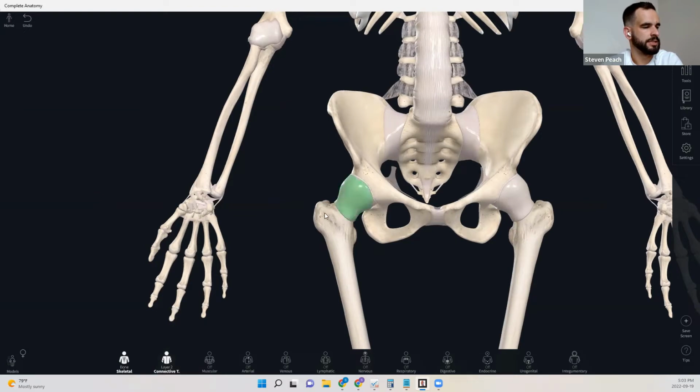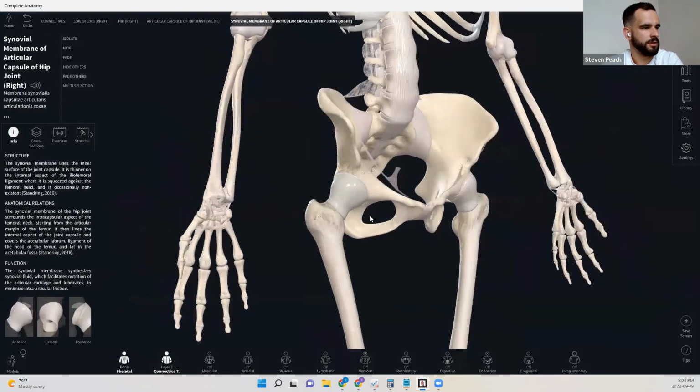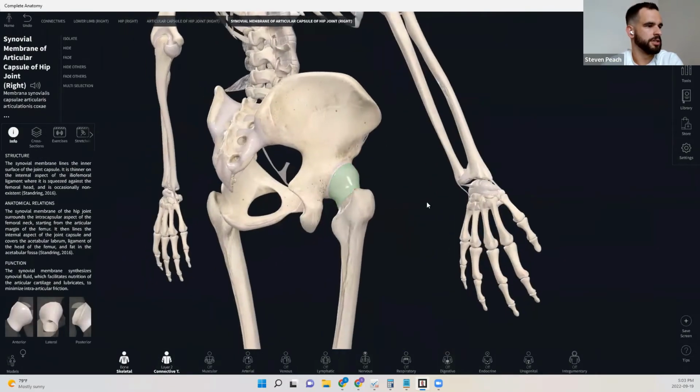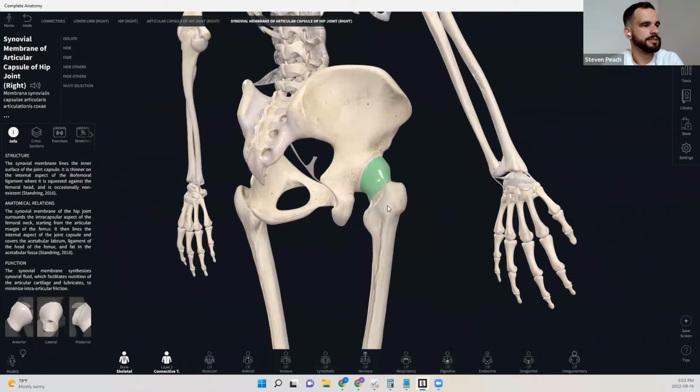You can see this capsule, or this green portion, around the joint. That is the joint capsule, or the synovial membrane. That membrane and connective tissue around the joint provides some stability, it traps everything in, but it also creates what's called synovial fluid, which is a natural lubricant and what nourishes the joint.